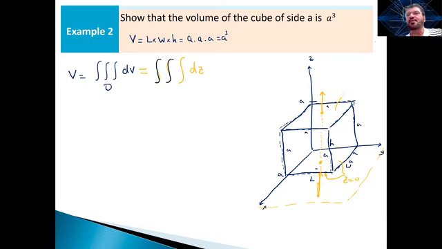When you go out, you're going to go through this, right? This is z equal to what? If you look carefully, this is z equal to a, isn't it? This is the plane, z equal to a. So you're going to start from z equal to 0 to z equal to a. This is from the bottom to the top.